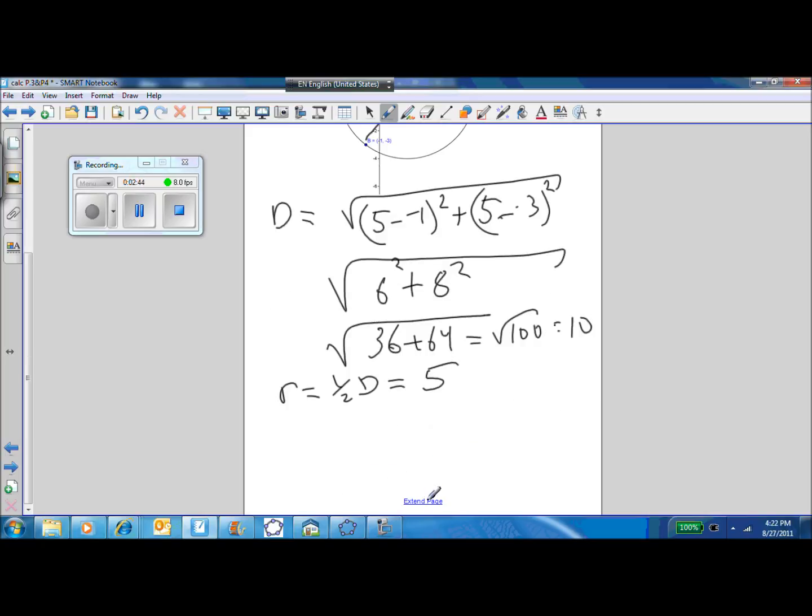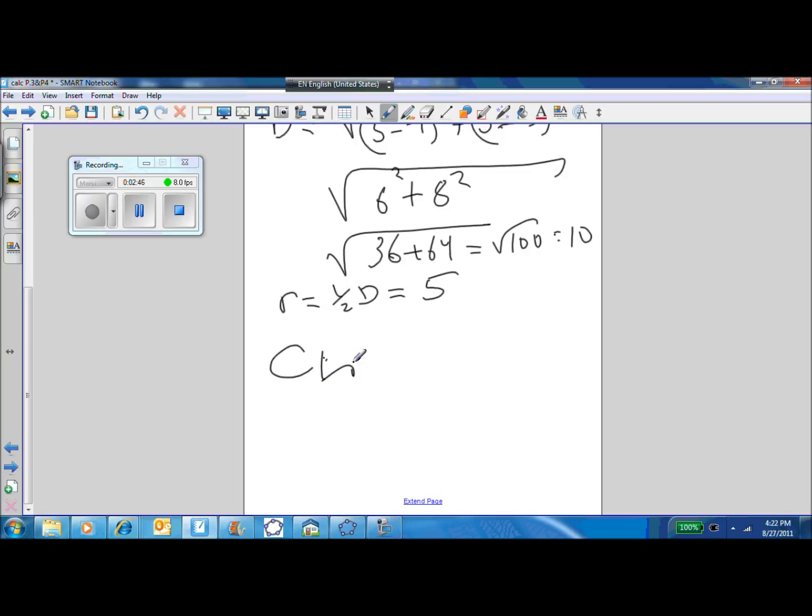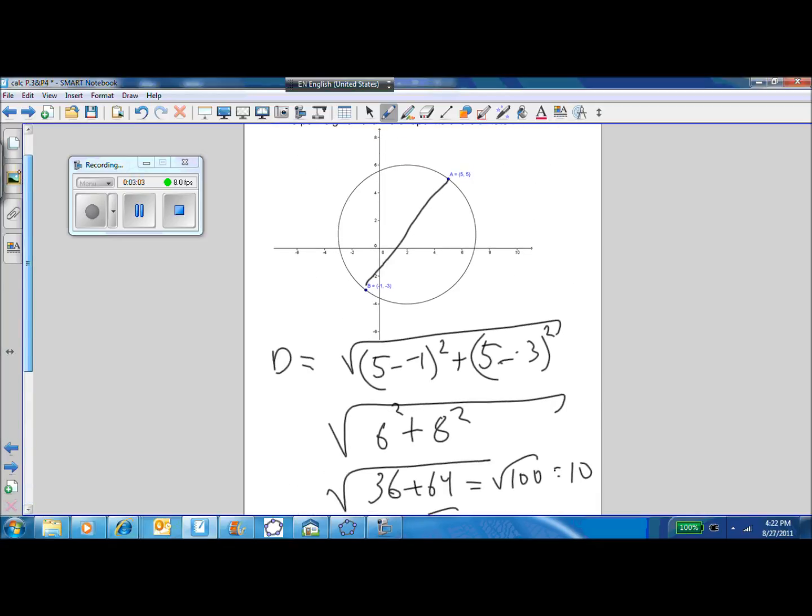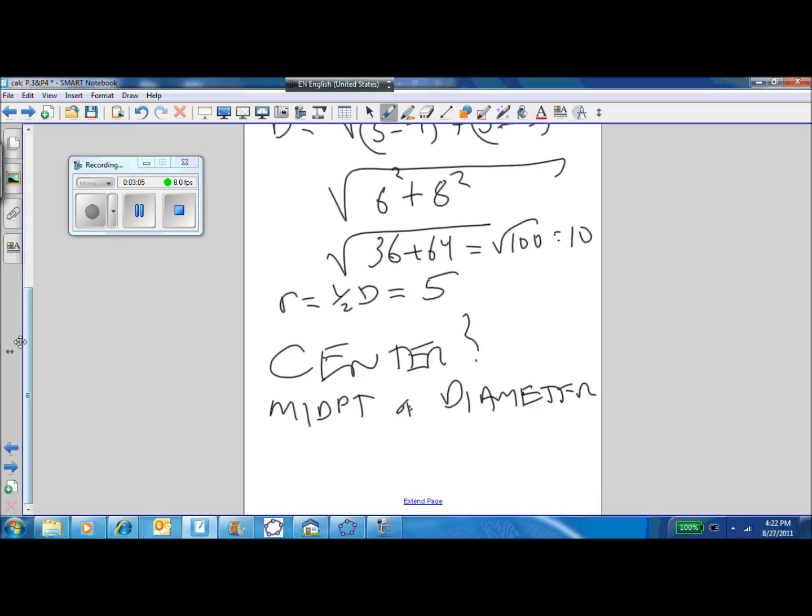Now we just need the center. Any ideas? Sure, it's the midpoint of the diameter. And we have, from up here, that the two points were (5, 5) and (negative 1, negative 3).